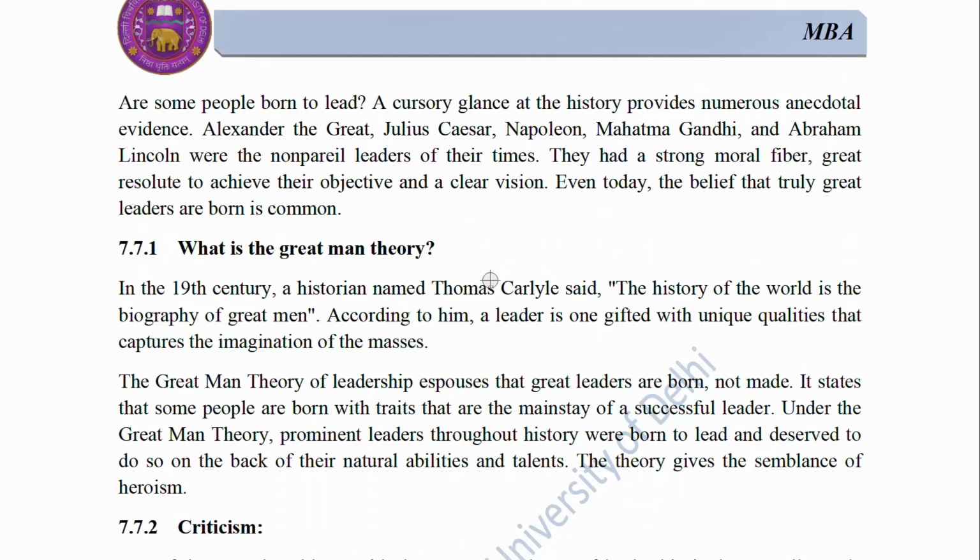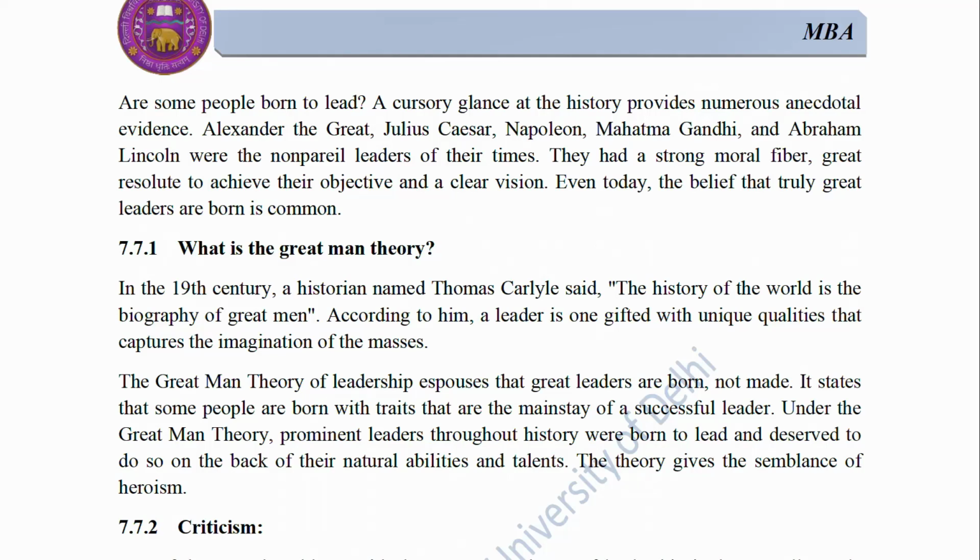7.7.1 What is the great man theory? In the 19th century, the historian Thomas Carlyle said, "The history of the world is the biography of great men." According to him, a leader is one gifted with unique qualities and captures the imagination of the masses. The great man theory of leadership espouses that great leaders are born, not made.